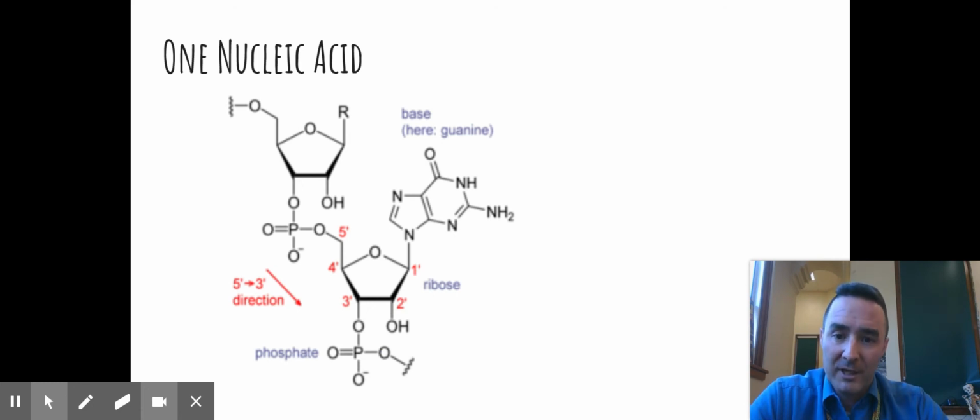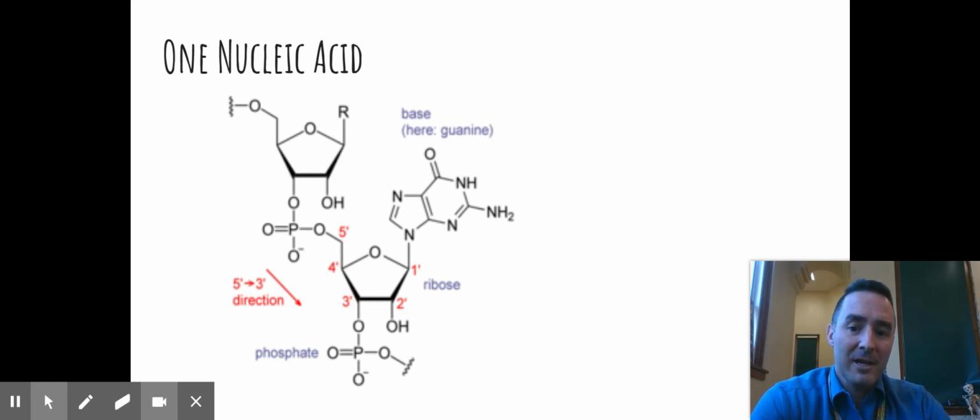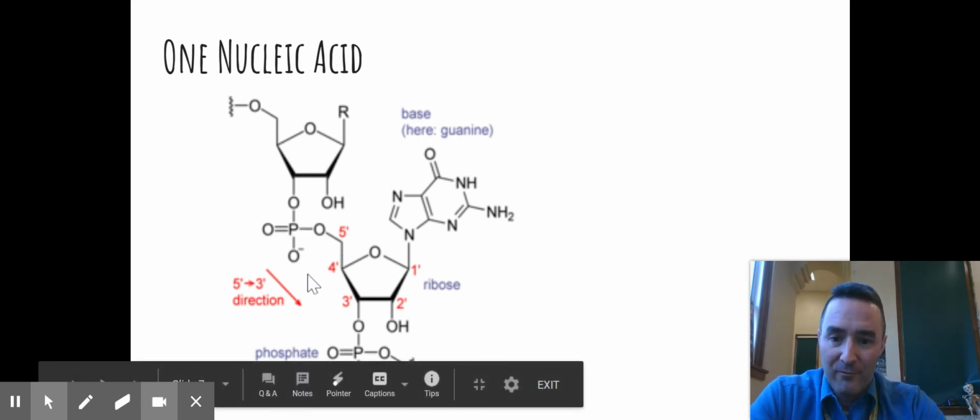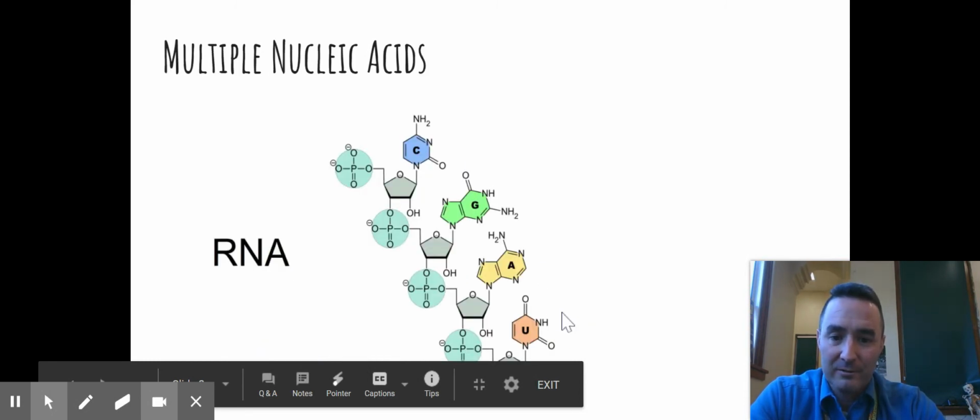So if you look at this, one nucleic acid is put together with a phosphate, a 5-carbon sugar, and a nitrogen base. So as I'm looking at this here, you would have your phosphorus, your 5-carbon sugar, and a nitrogen base. I'm going to go back here for a second.